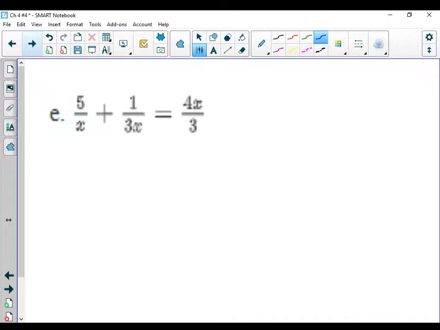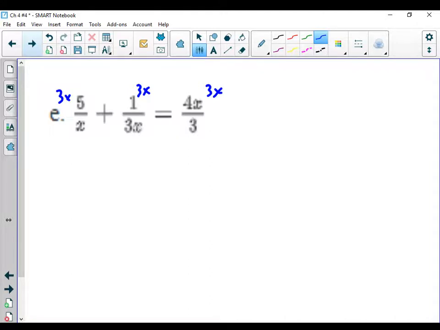All right, part E, the dreaded fractions here. Well, we talked about if we don't like fractions, let's get rid of them. So a good way to do that is look for a common denominator. In this case, our common denominator would be 3x. And we're going to multiply everything by 3x. So I'm going to multiply each term by 3x.